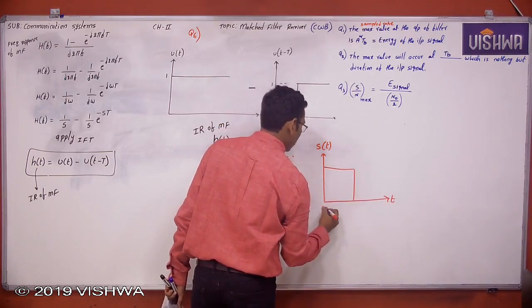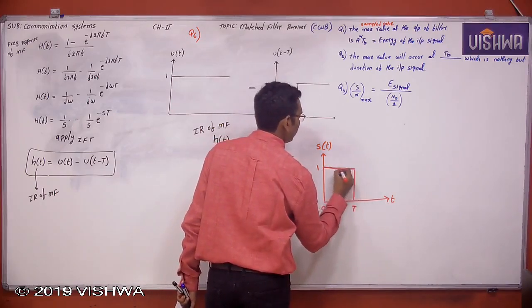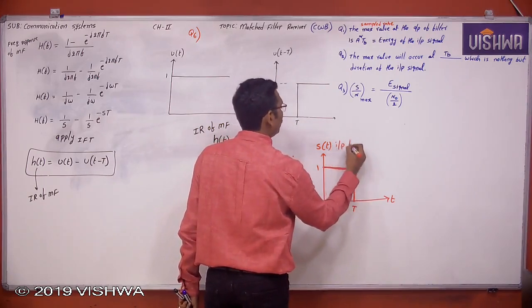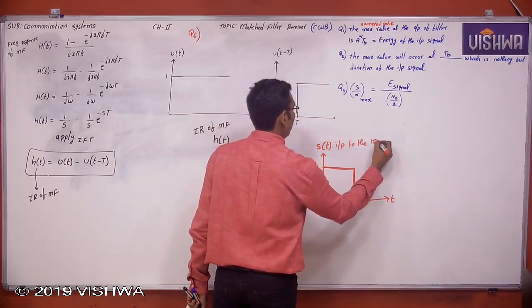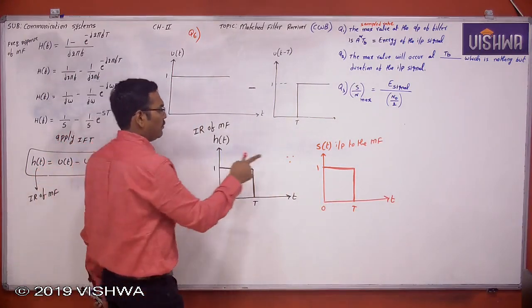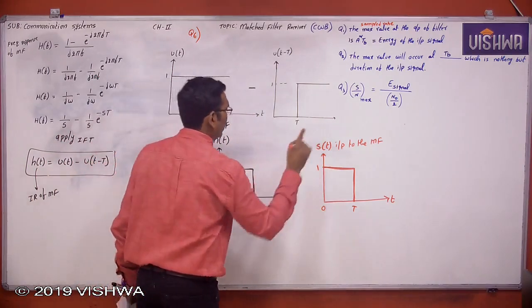Therefore, this is the answer. This is the input to the matched filter, because the impulse response is matched with the input signal.